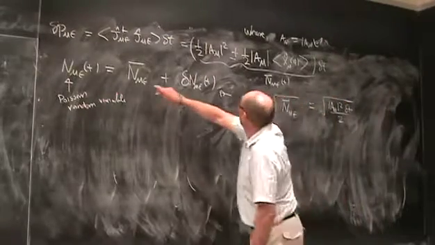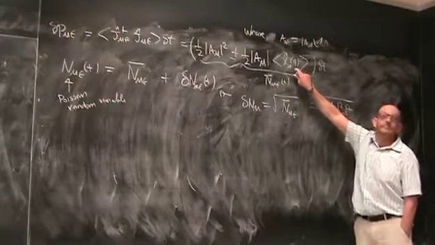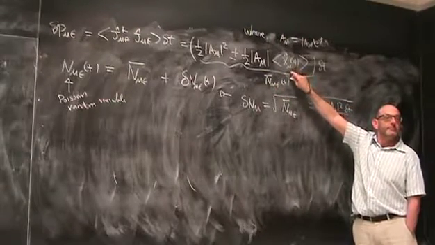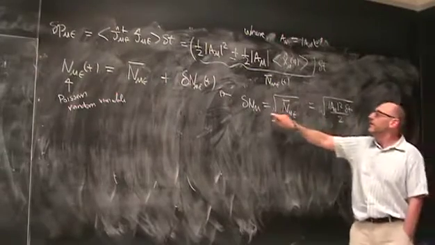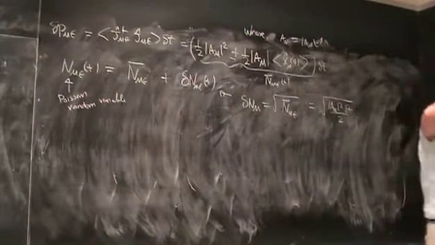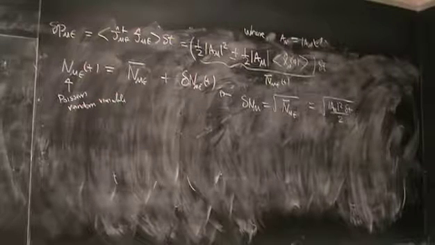Everything about the state of the system is here. The fluctuations are just the Poisson fluctuations from the local oscillator.